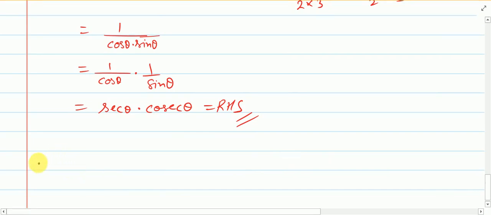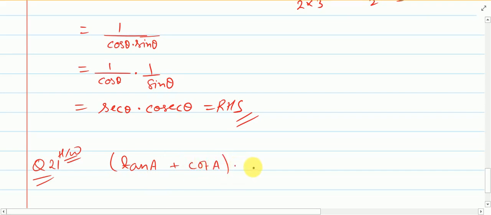And question 21 I will leave as homework for you. It is tan A plus cot A into sin A into cos A is equal to 1.